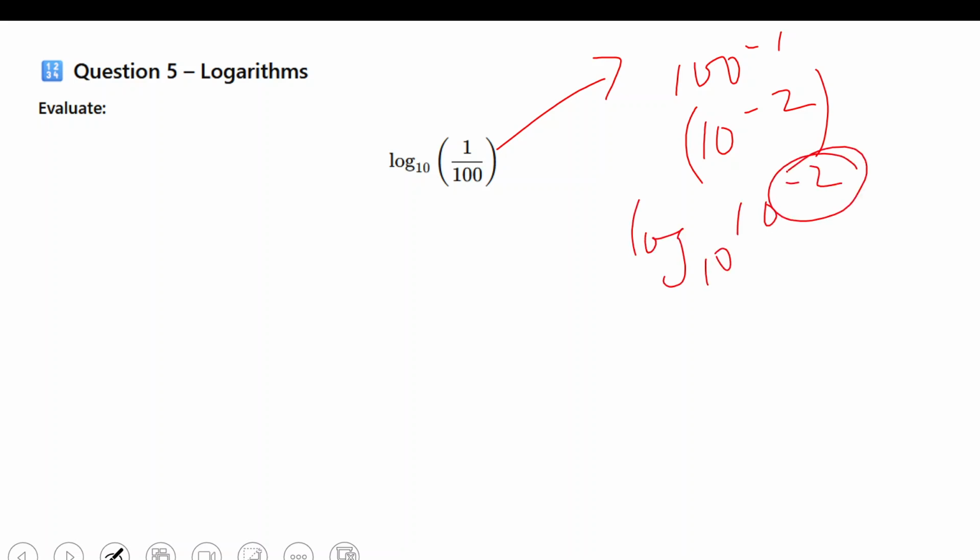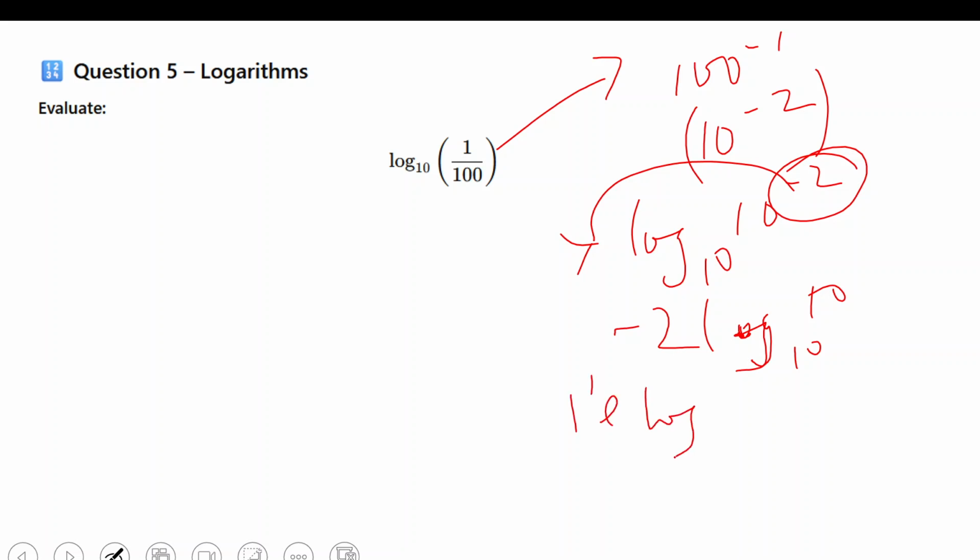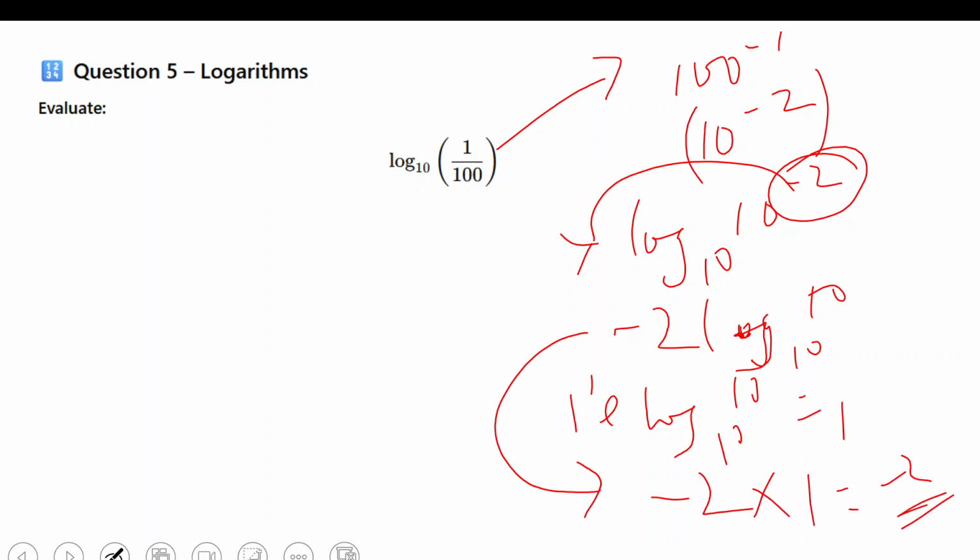This minus 2 will come down, that's the rule of logarithm. So it's minus 2 log 10 to base 10. Anything to the same base is 1, that is, log 10 to base 10 is equal to 1 according to the rule. So this now becomes minus 2 times 1, which is minus 2. So that's the answer.